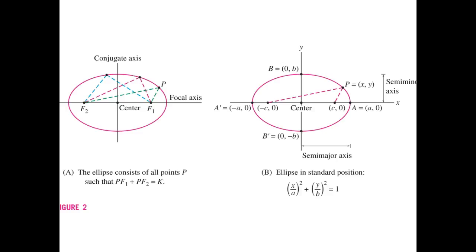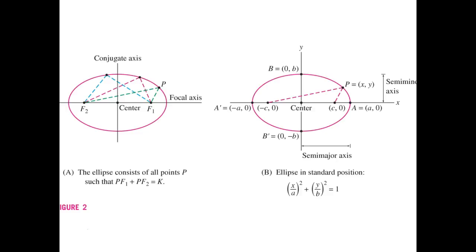The distance from the center to the edge of the ellipse, if the ellipse is centered this way and that way on the origin, this distance here is little a. And that's called the major axis or the semi-major axis. And the shorter one is the semi-minor axis. That would be b. And with that in mind, x squared over a squared plus y squared over b squared is equal to 1.